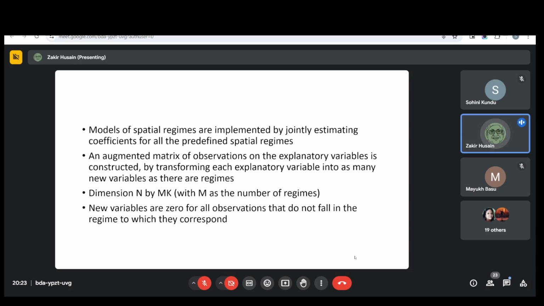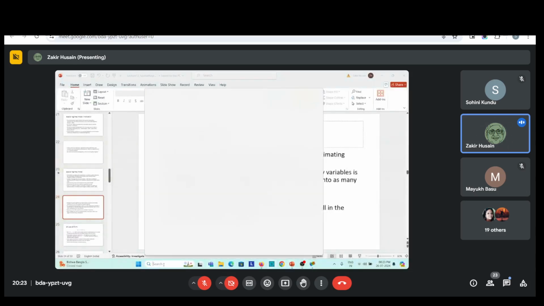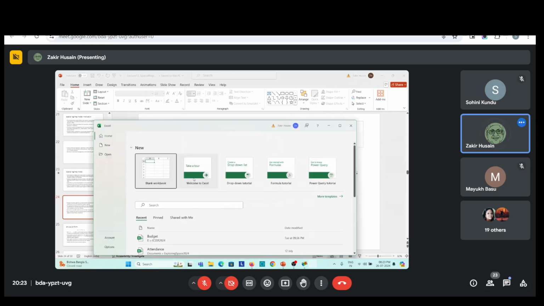So x1 is nominally a single column, but what we do is we convert it into m columns. How do the m columns form? Let me show this using Excel.